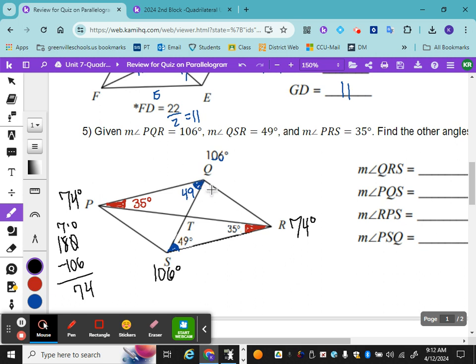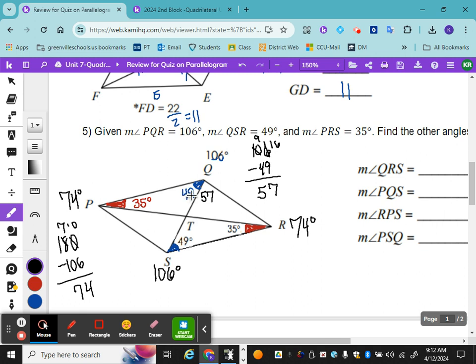Now we can figure out what's left of each of these angles. So 49 from 106. 106 minus 49. I bump that to a 16, which bumps that down to a 9. So that's 57.